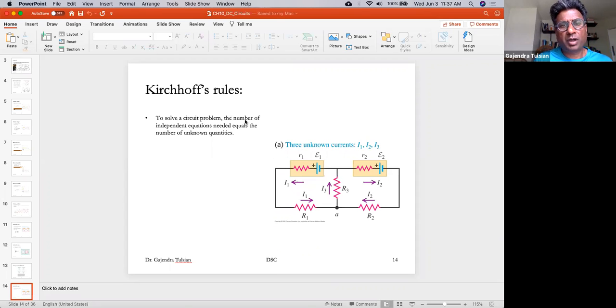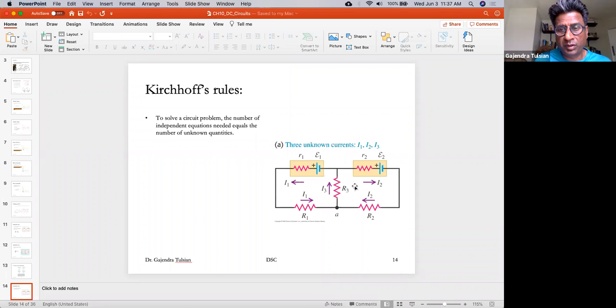So to solve circuit problems, the number of independent equations needed equals the number of unknown quantities. So if you have 3 unknown quantities, you need 3 equations to solve. And the appropriate quantities will be given. You can get equations from the junction rule, and then you can apply the loop rule to one of 3 loops.